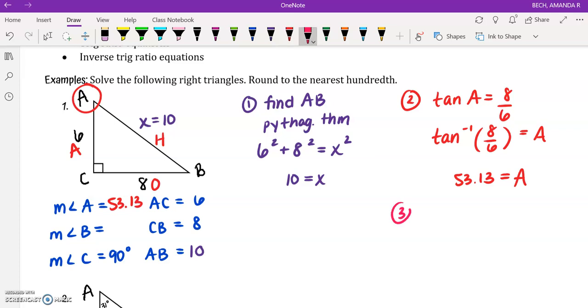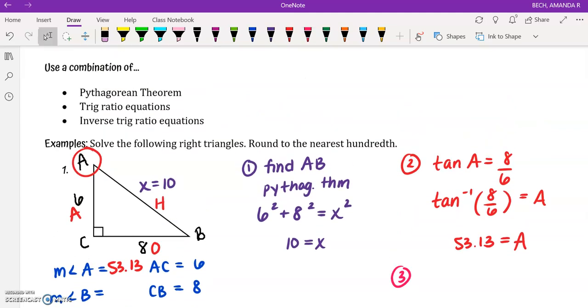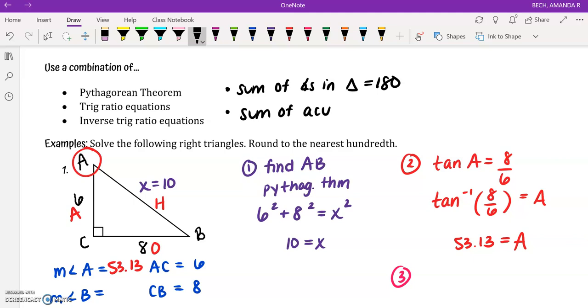And the last part, we could use the fact that we have angle B here and do another inverse ratio, but something that we should add up here is that the sum of the angles in a triangle equals 180, and also the sum of the acute angles in a right triangle equals 90.